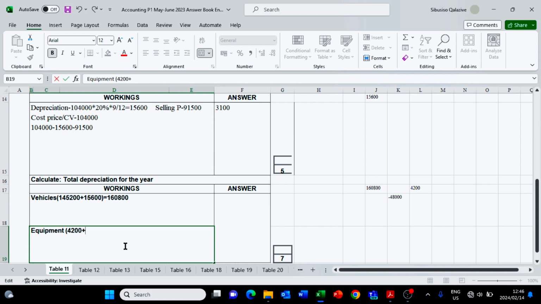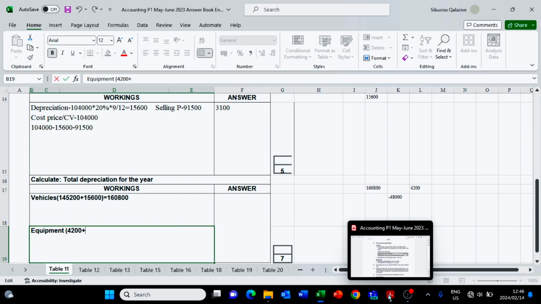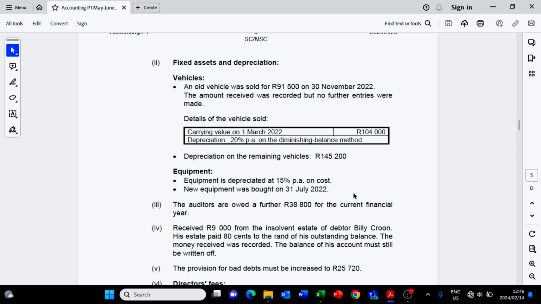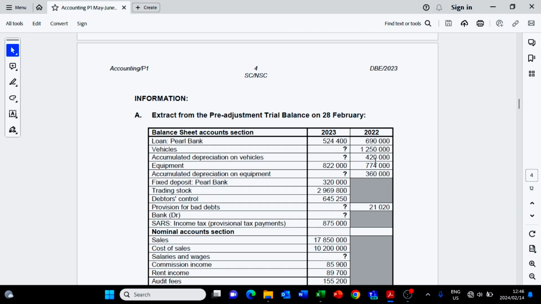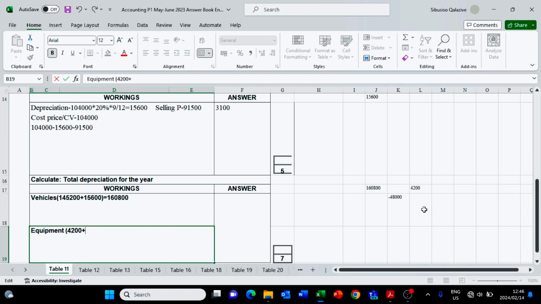For the old equipment, which is the balance at the beginning of the year, it's 774,000 rands times the 15%.